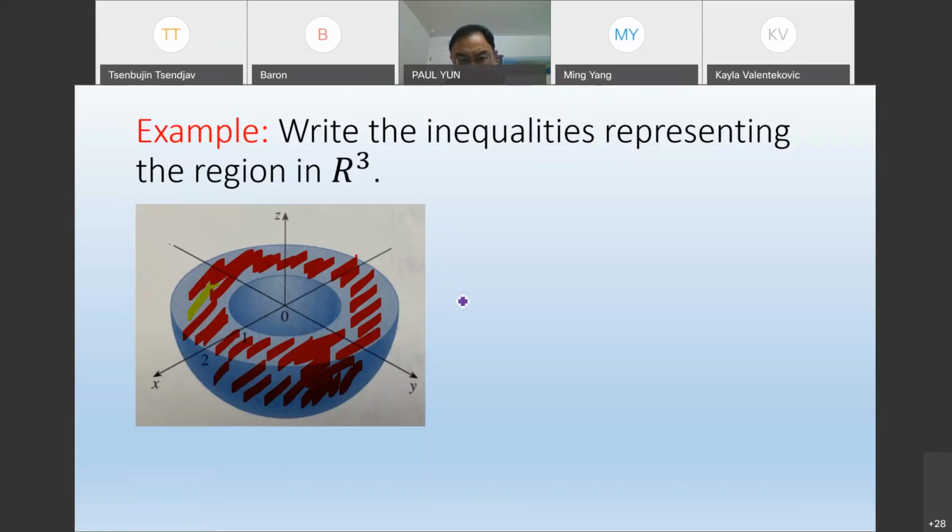All the points x, y, z satisfying what condition? Write down the condition, please. I know there are so many points x, y, z in space, but which points x, y, z do you have to collect so that you make this shape?